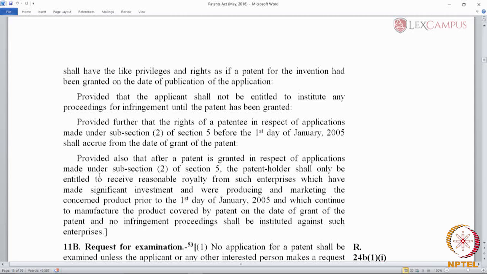Now, the EMR was a parallel right which was created along with the mailbox arrangement. So, this was a right which was created where if a patent is granted in a foreign country which India recognizes, and a drug regulatory approval is also granted for that particular drug, then the applicant in India, in this case it was Novartis, will have certain exclusive marketing rights, EMR, by which it could enforce those rights.